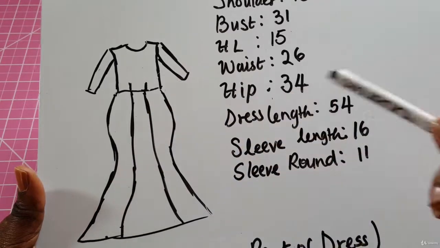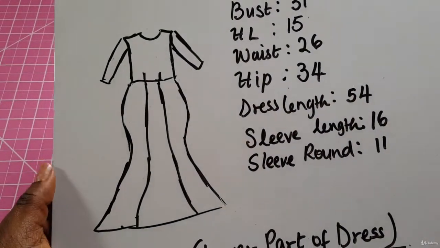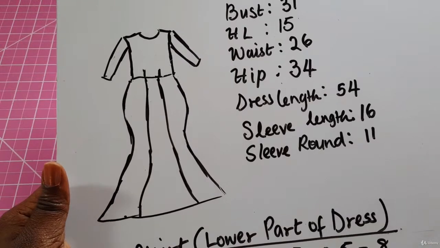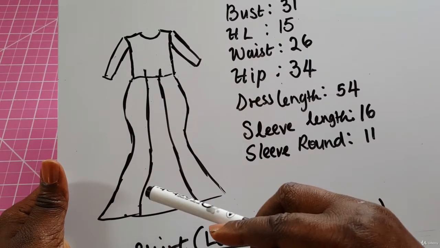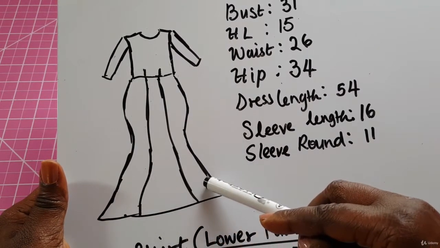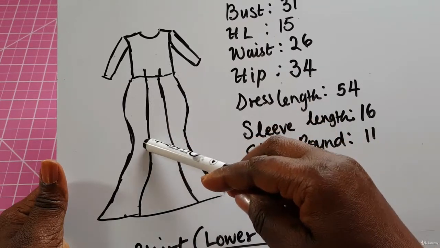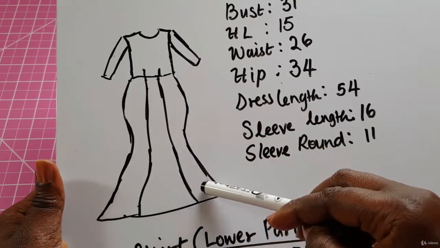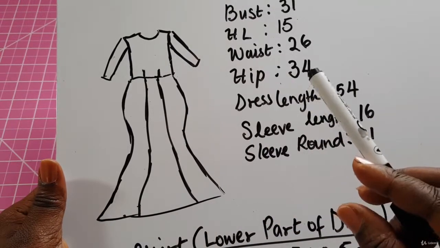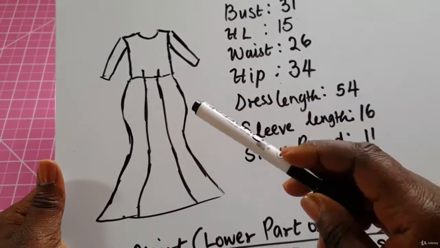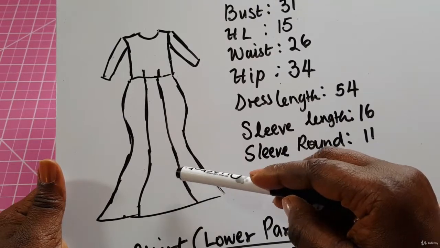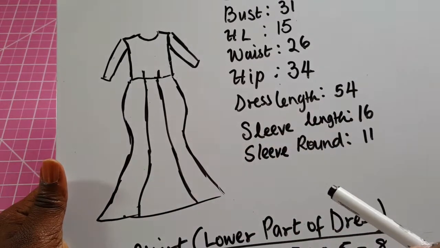Now, the way we're going to be cutting this is, if you look at this, we have a 6-piece. What this means is that this lower part, we're going to cut into 6 different panels. So we're going to have 1, 2, 3 at the front.